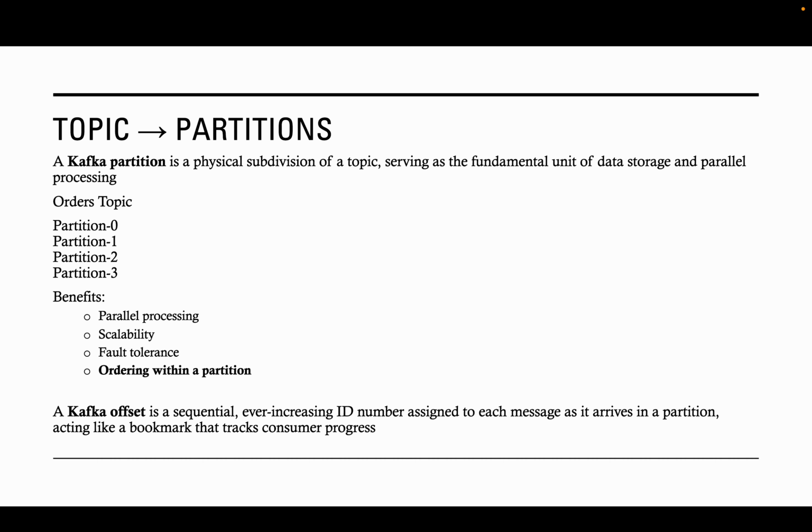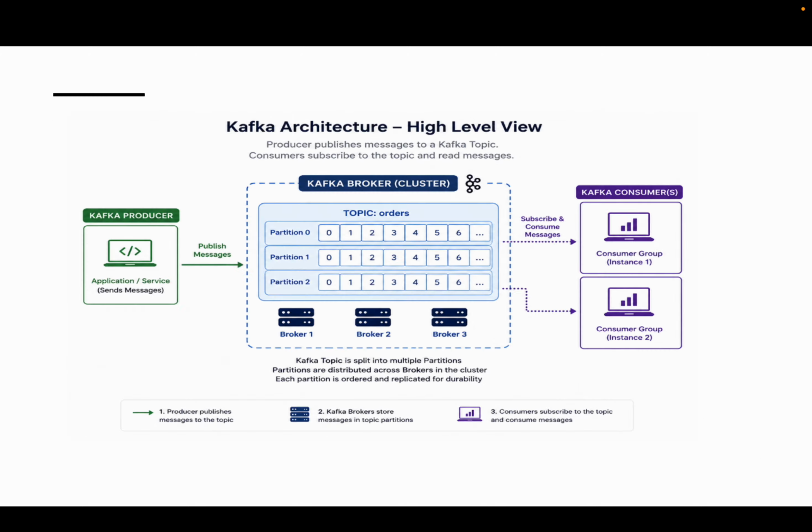So that is the use of Kafka offset. We will look into Kafka offset in a later video. Let's understand the concept only for now. Offsets are a sequential, ever-increasing number assigned once the message lands in a topic.